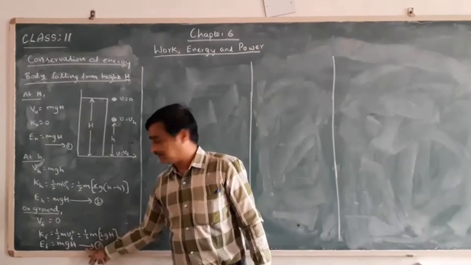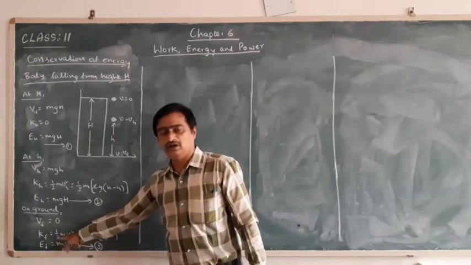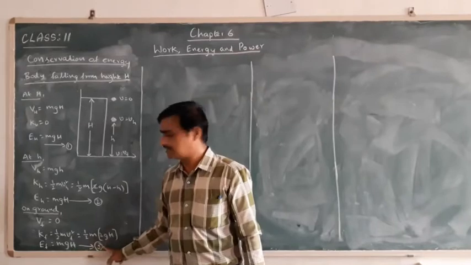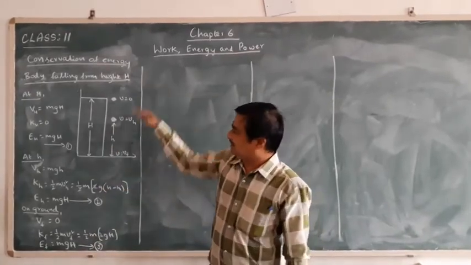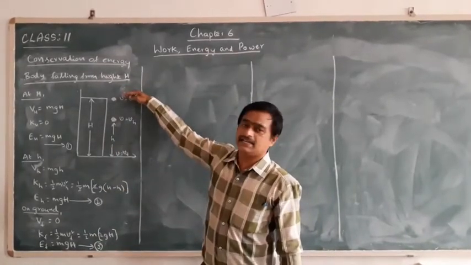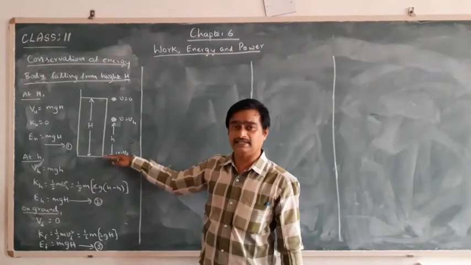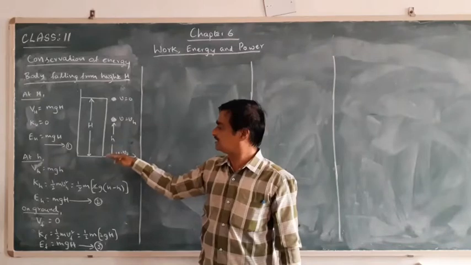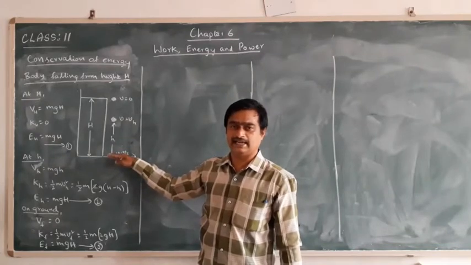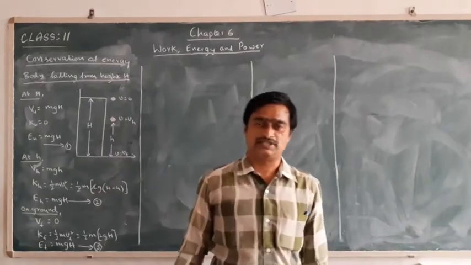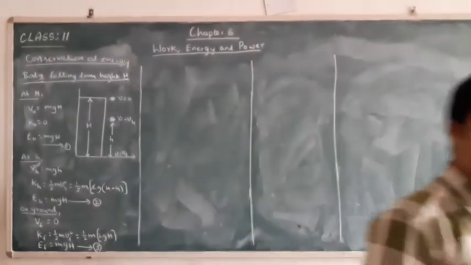Then the total final energy becomes mg capital H. That is, at the start, it has only potential energy, and at the time it reaches the ground, its potential energy has been converted into kinetic energy, with the total energy constant throughout its journey.